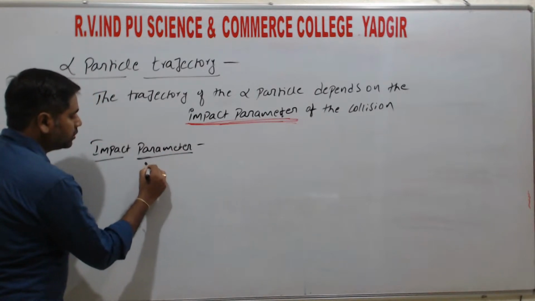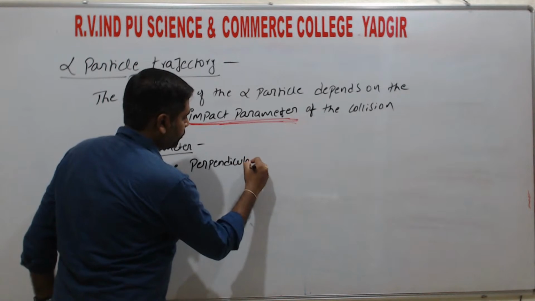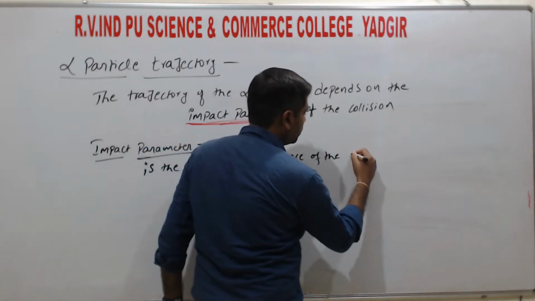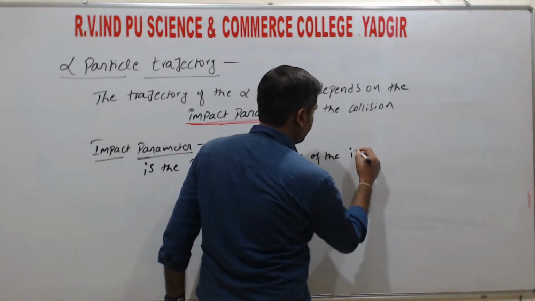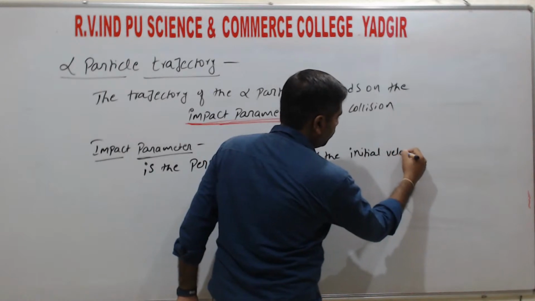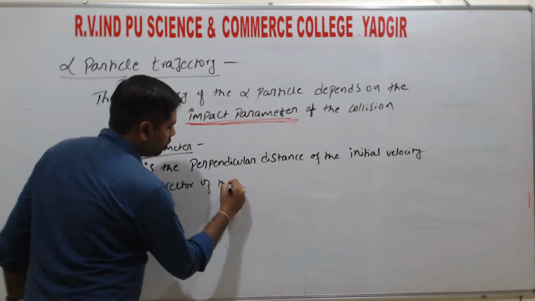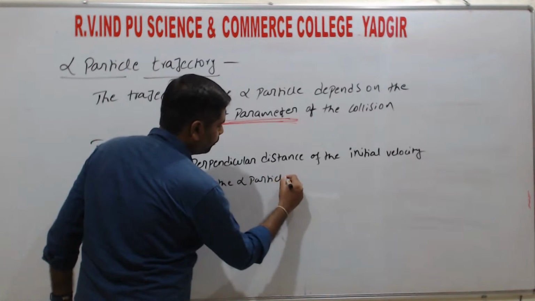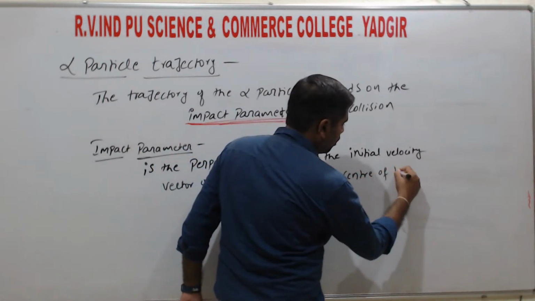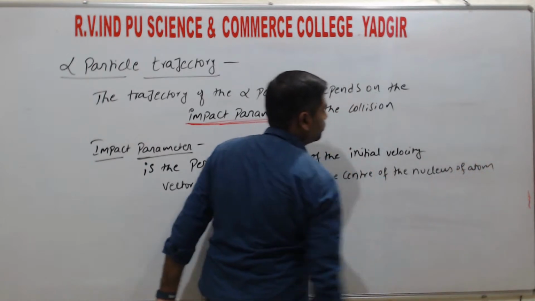The impact parameter is the perpendicular distance of the initial velocity vector of the alpha particle from the center of the nucleus of the atom.